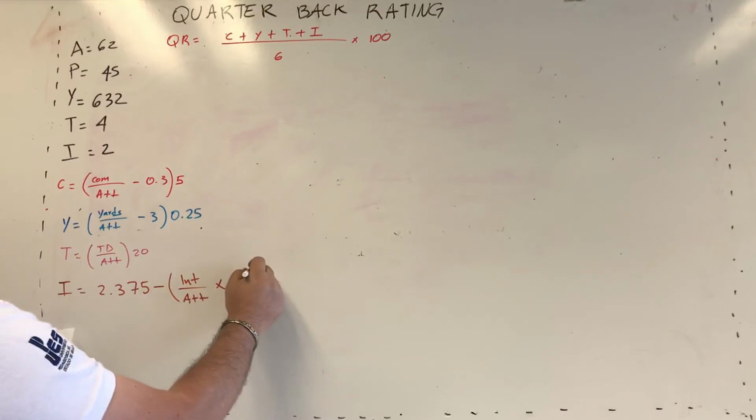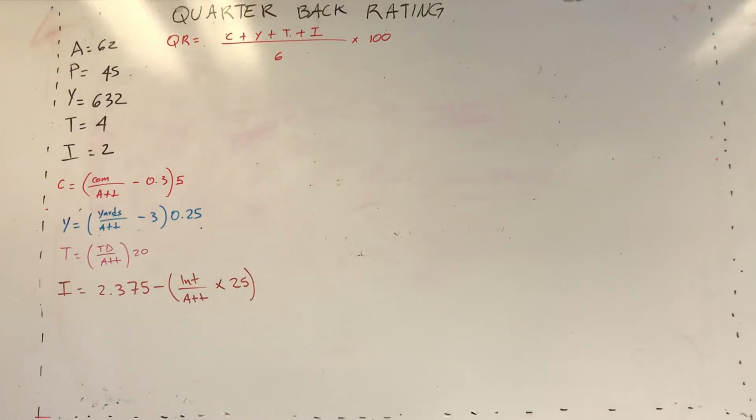And that's it. So we need to use this information: the completed passes, the yards, the attempts, the touchdowns, and the interceptions. Let's start working with the first one, the completed passes.